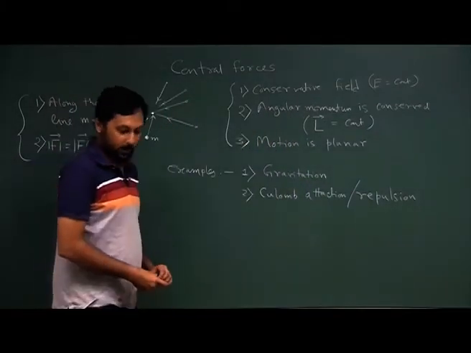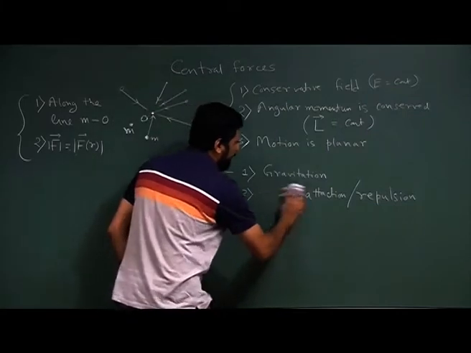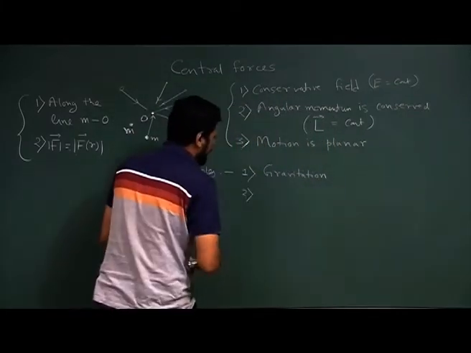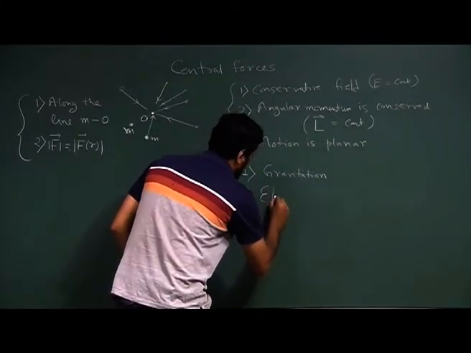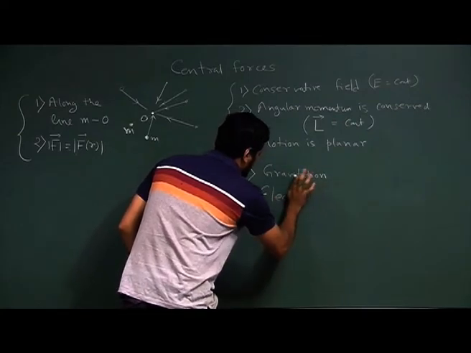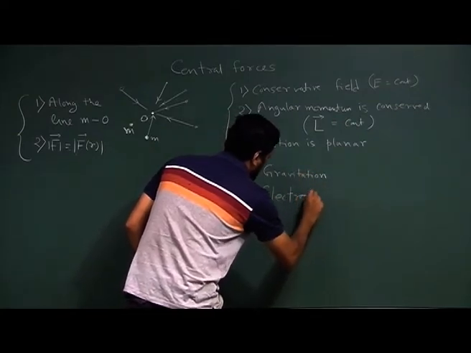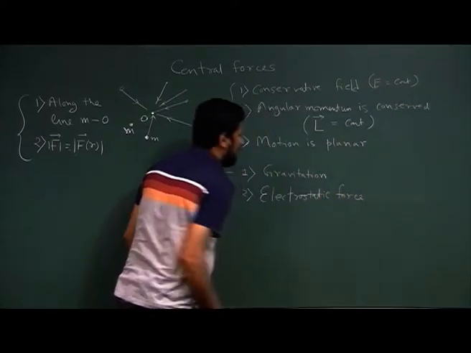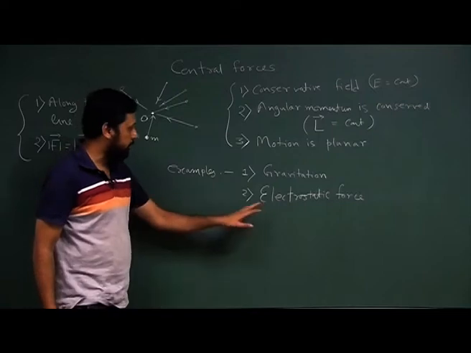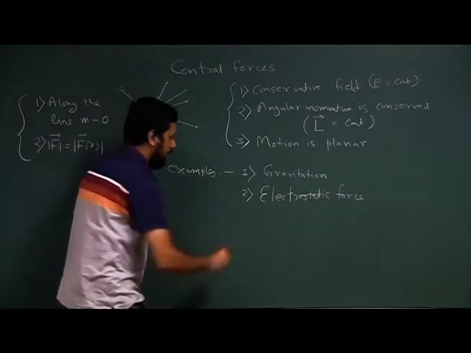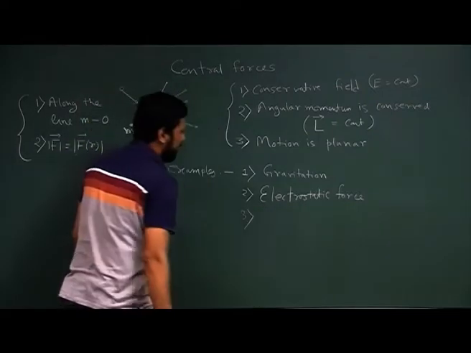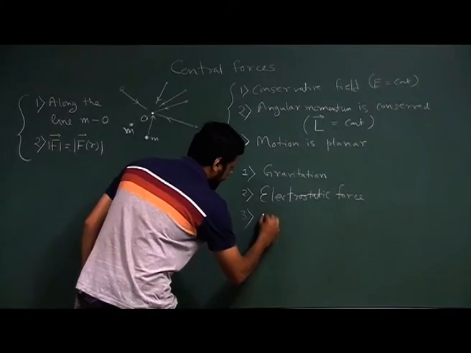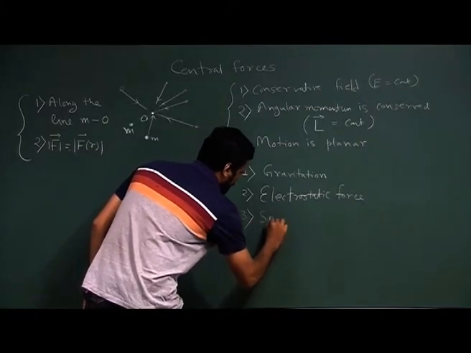So, or let's write it not as Coulomb attraction or repulsion, we will write it as electrostatic force, which is also an example of central force. And number 3, another example, is the spring force.